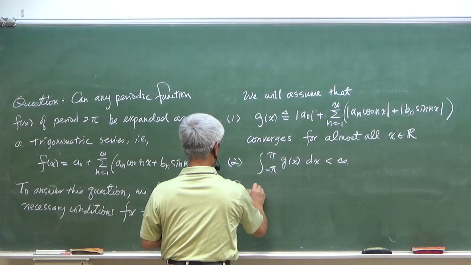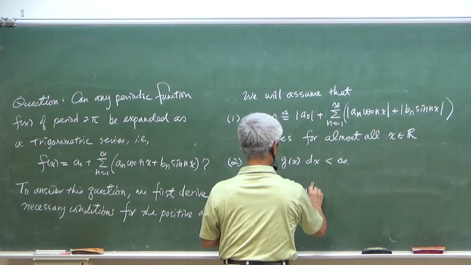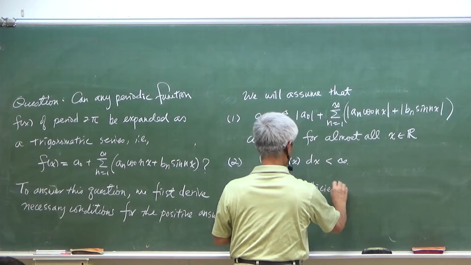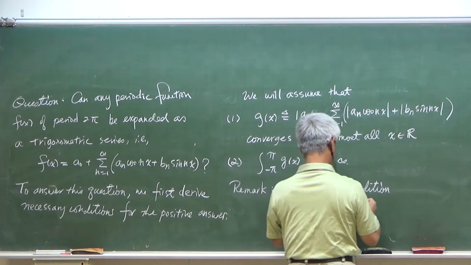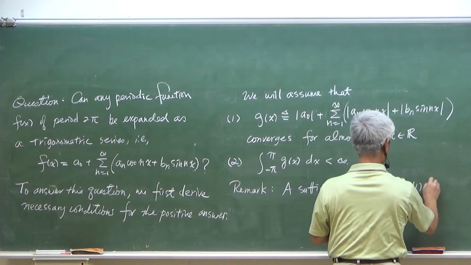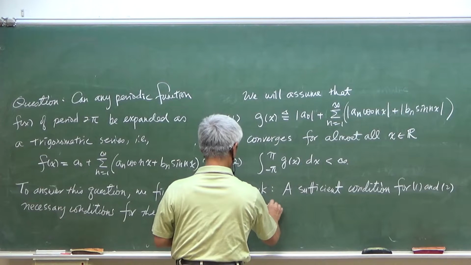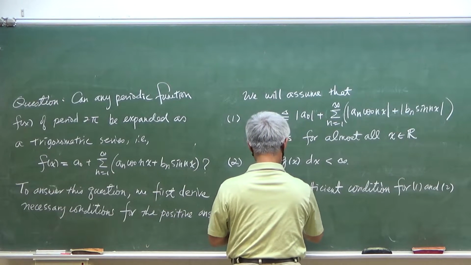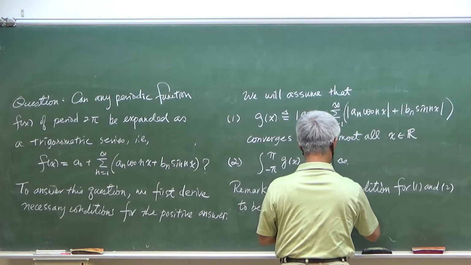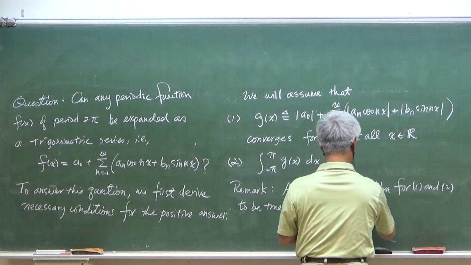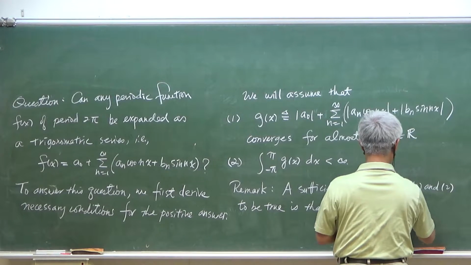A remark is that a sufficient condition for 1 and 2 to be true is that the sum of the absolute value of A0, and the absolute values of an and Bn is finite.